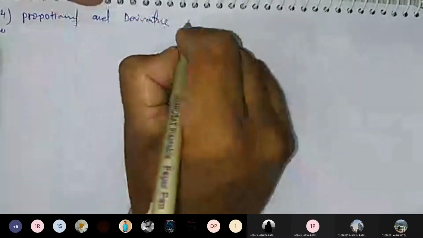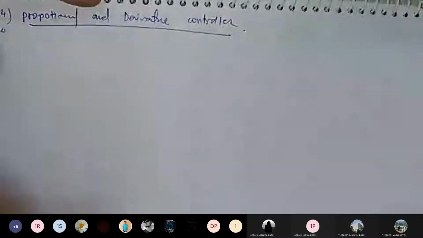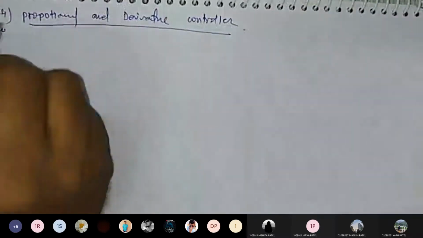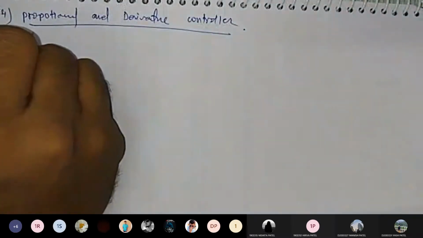The fourth one is the proportional and derivative controller. Proportional and derivative. What will it do?